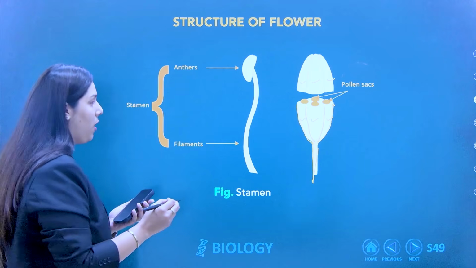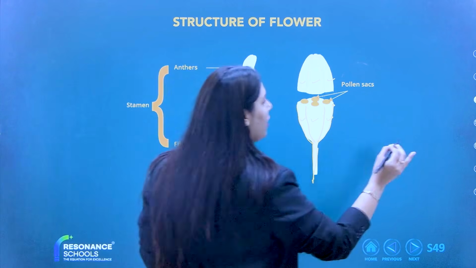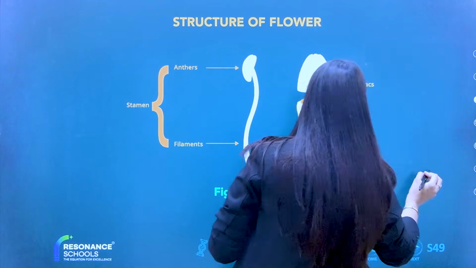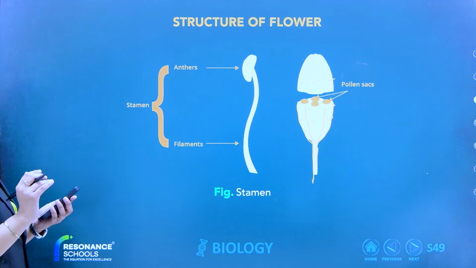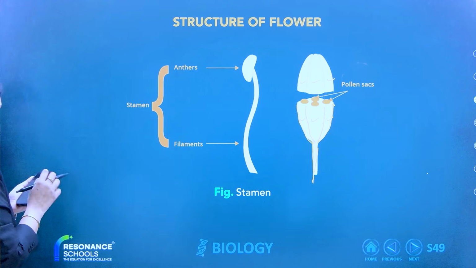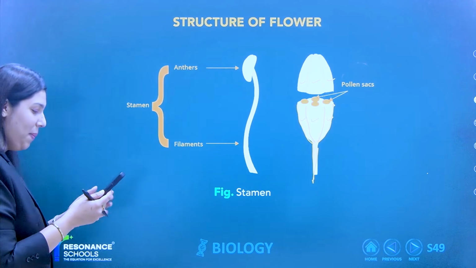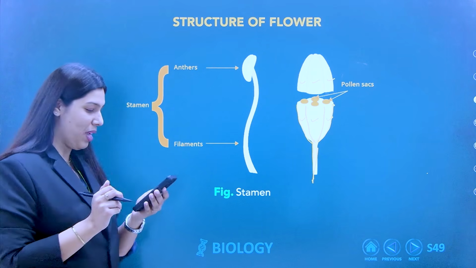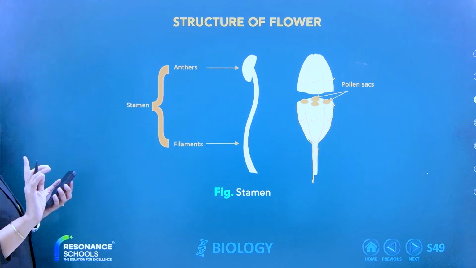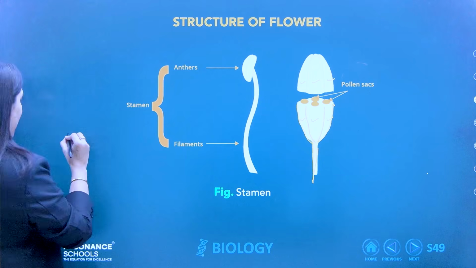Okay. So, having a quick recap about the structure of flower: what all are the structures of flower? Can you all text quickly? Okay. So, we have four layers. Am I right or no?